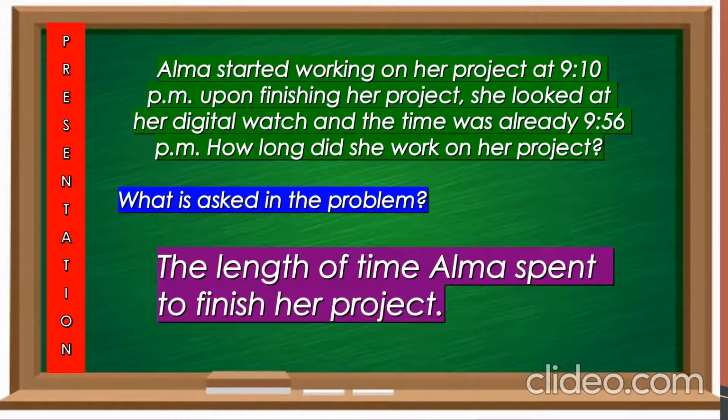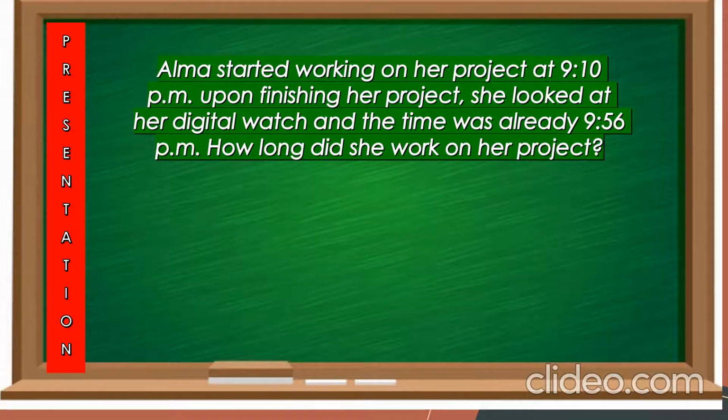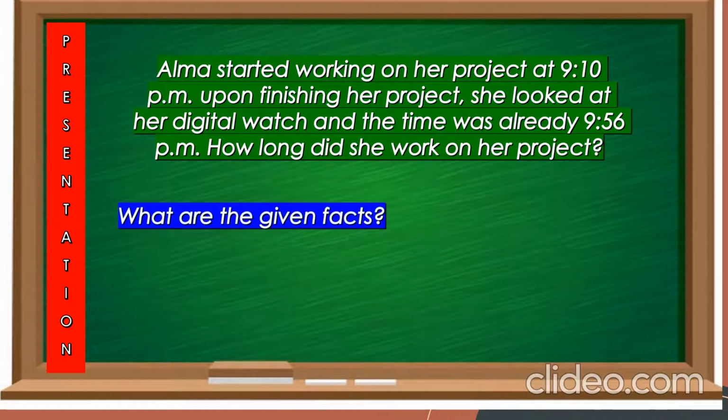Now that we know what is asked in the problem, what is our next step? Very good. We have to know what the given facts are. In solving word problems involving elapsed time, the given facts are the time started and the time finished. So what are the given facts in this problem?